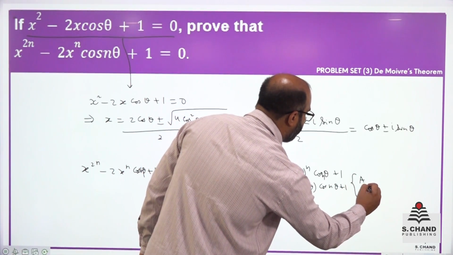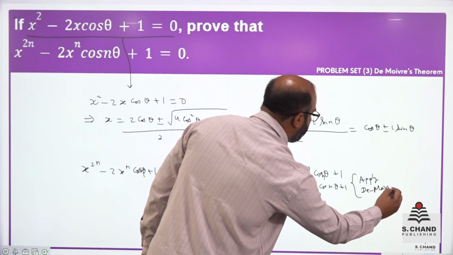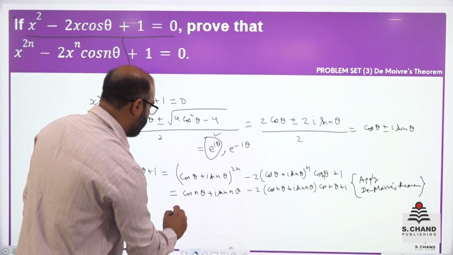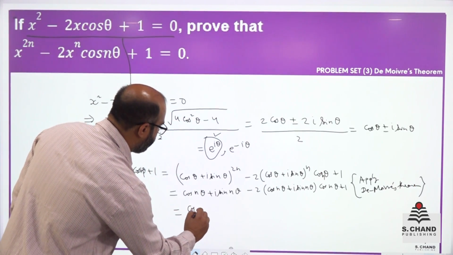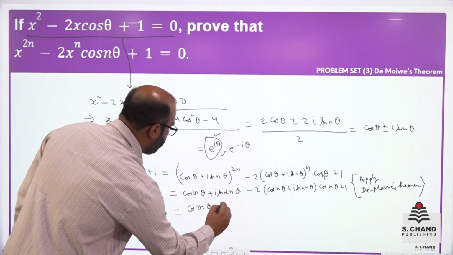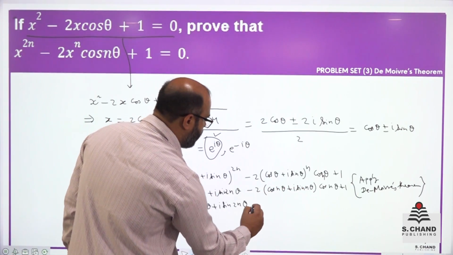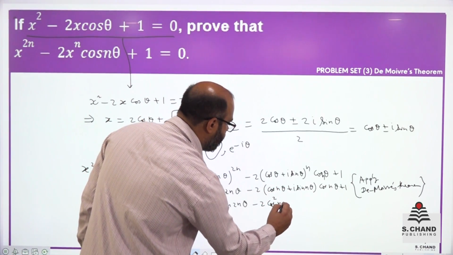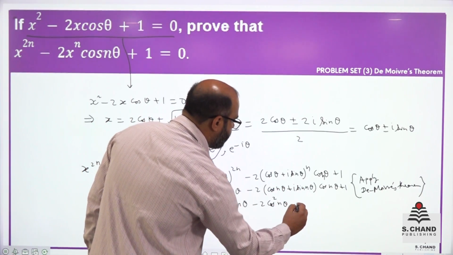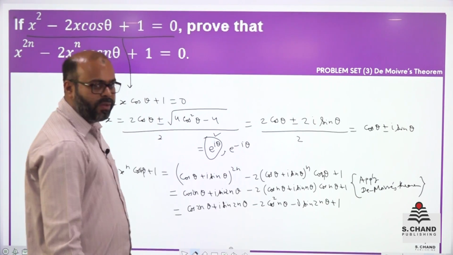Right, also apply De Moivre's theorem. So this will become cos 2n theta plus iota sin 2n theta, and here minus 2 cos n theta into cos n theta is minus 2 cos square n theta, minus 2 iota sin n theta cos n theta is minus iota sin 2n theta, plus 1.